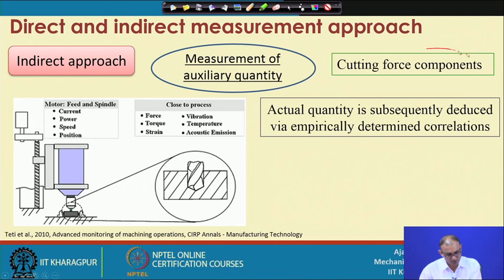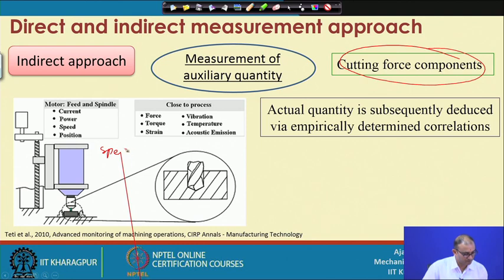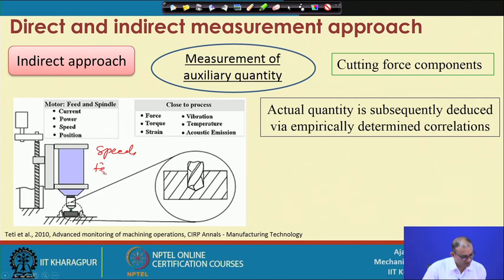Here, you measure the cutting force, and you change two different parameters. Suppose you are changing the speed, say 1000 rpm to 5000 rpm, one at a time, and then you change the feed rate from 2 mm per minute to 5 mm per minute.